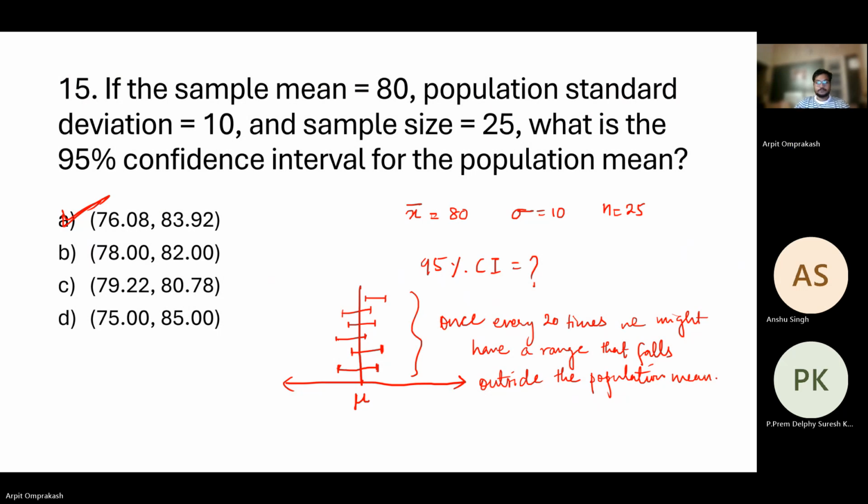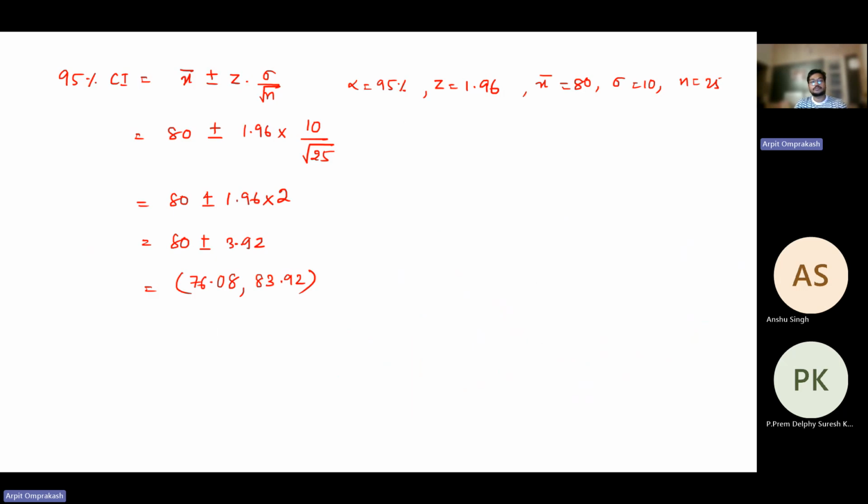So this is what a 95% confidence interval means, and this is how we calculate it. The CI, the 95% confidence interval, is mean plus minus the critical Z value into sigma by root n. So for 95%, the critical Z value is 1.96.